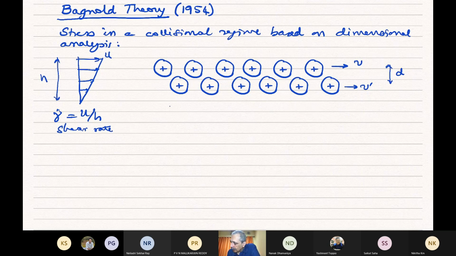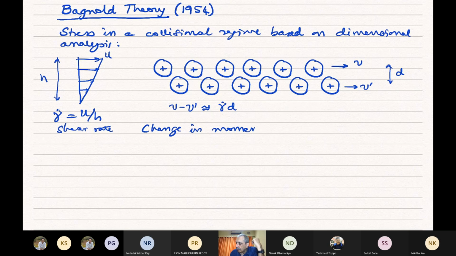So basically his argument was that if you look at v minus v prime, then this is approximately equal to gamma dot into d. So that's the difference in the velocities. And then he said, okay, supposing you look at the change in momentum per collision when two particles collide.